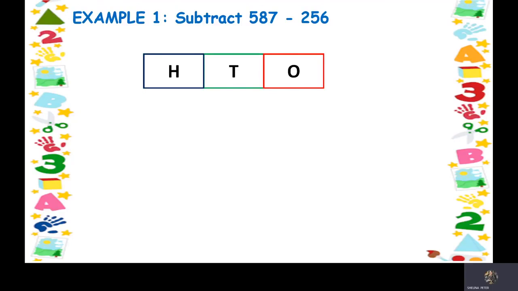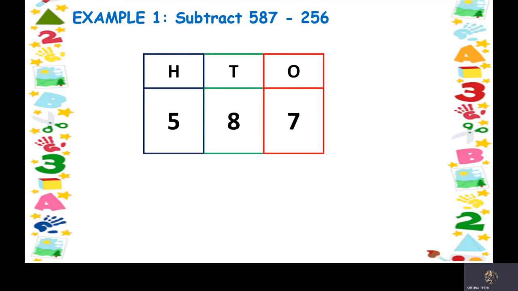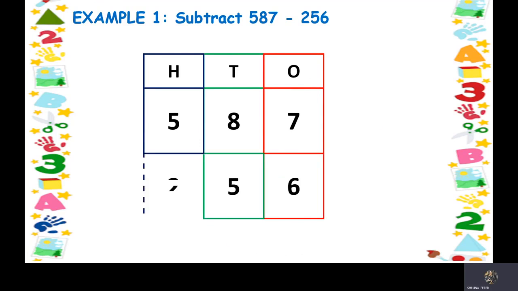So first number is 587. I am going to write it in the box: 7, 8 and 5. Then I'm going to write the next number, that is 256, starting from 6, 5 and 2. As we know, we have to subtract these numbers. I'm going to put minus sign here.